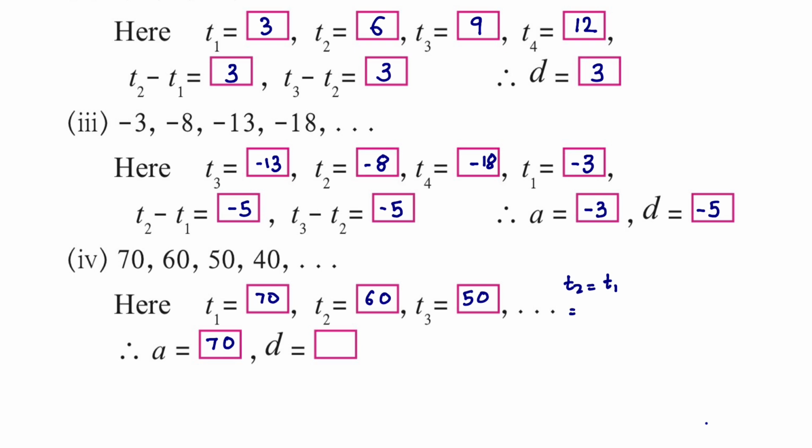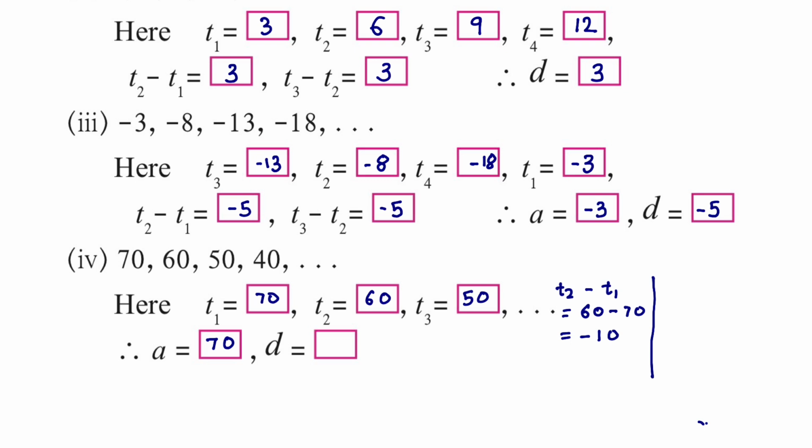Okay, so the second term is... we will subtract the first term from the second term. The second term given here is 60 and the first term is 70. Now 70 minus 60 is 10, but this will be negative, minus 10.